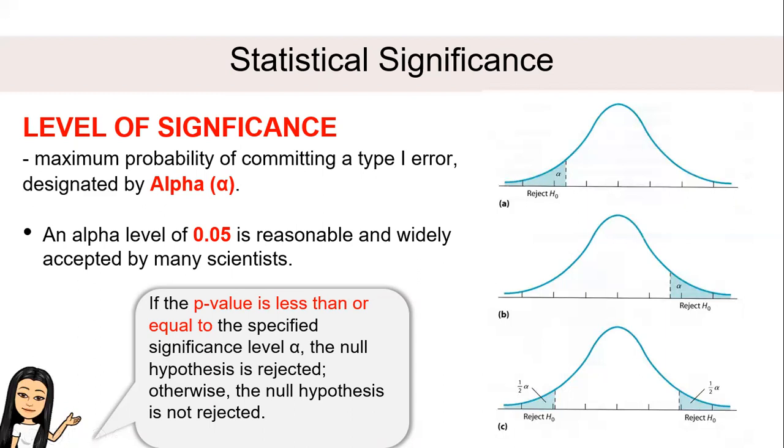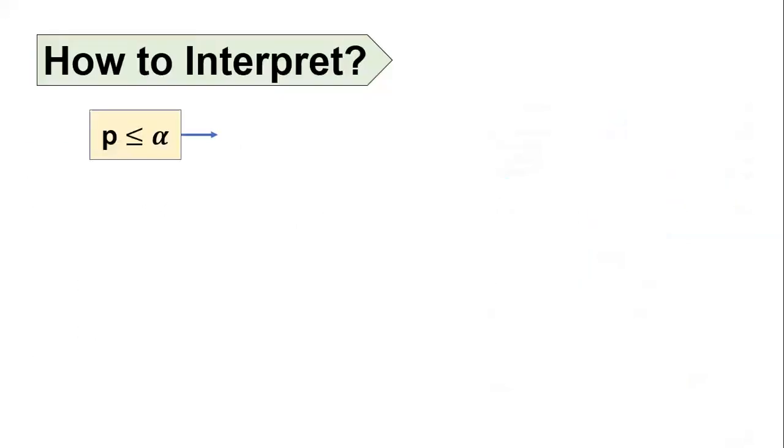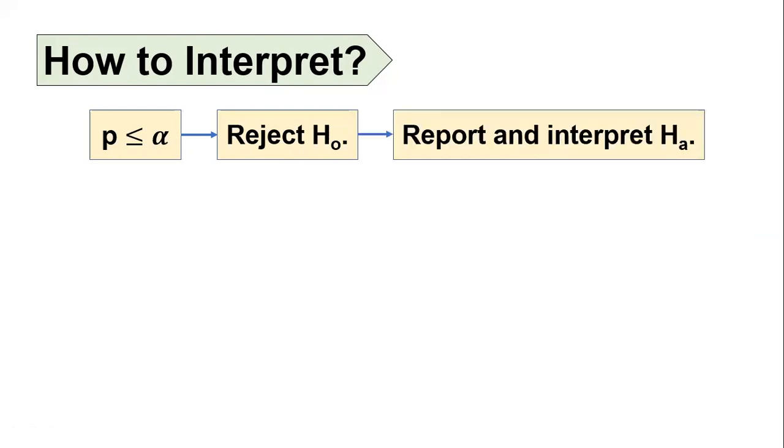Okay? So remember this. Here is an easy guide. If the computed p-value is less than or equal to alpha, reject the null hypothesis. And if you reject the null hypothesis, what will you report? You will report and interpret the alternative hypothesis.